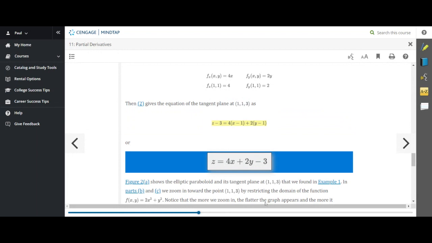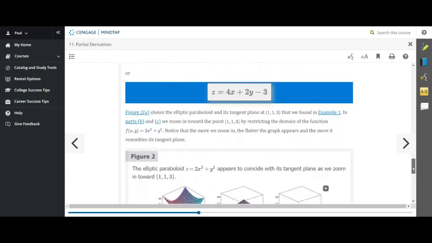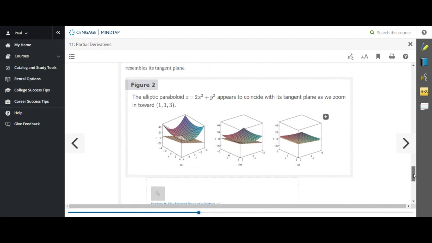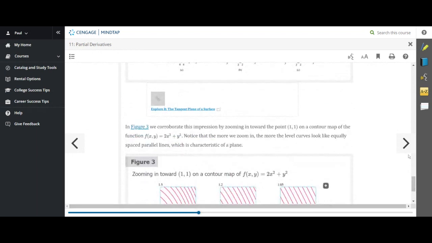And there's a picture of the paraboloid with that tangent plane, and you can do a nice check and see it works. Are there any questions on that? All right, very good. Let's move forward then.